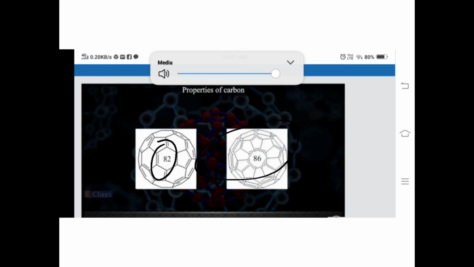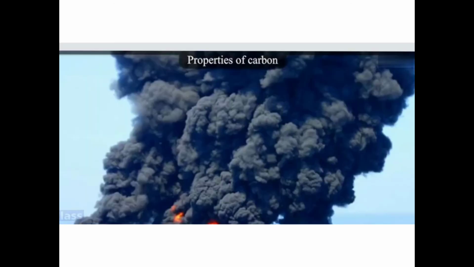Their molecules occur in small numbers in soot. Okay, the type of smoke which is coming out is called soot. It is what comes out of a yellow colored flame. Now the properties. Fullerene is found in the form of buckyballs and buckytubes.